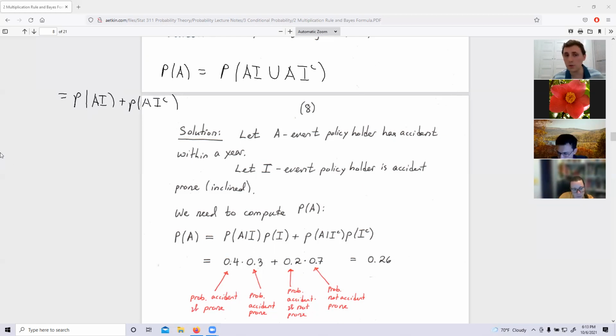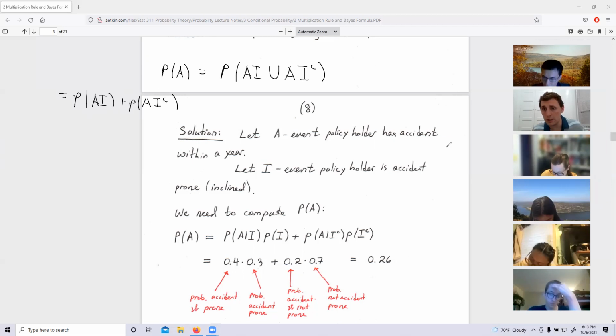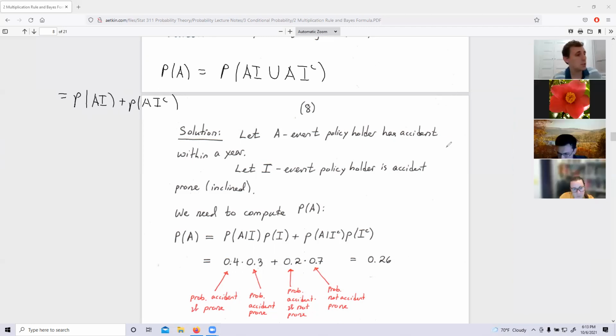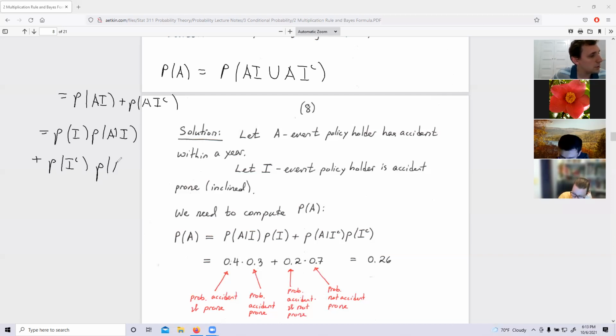And those are intersections, I can condition them, right? It's easy to evaluate likelihood of accident if the person is inclined based on the information. So I just write probability of being inclined times the probability of accident given that the person is inclined plus probability of not being inclined times the probability of accident given not inclined.